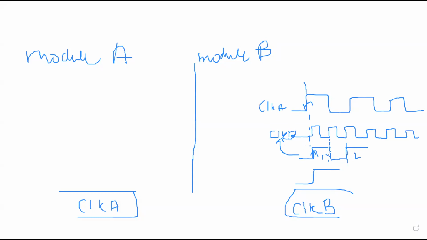We would miss this falling edge and we would say that this signal has been constantly 1. So we have missed a toggling from 0 to 1. This has to be taken proper care of while we are traveling from one clock domain to another clock domain.